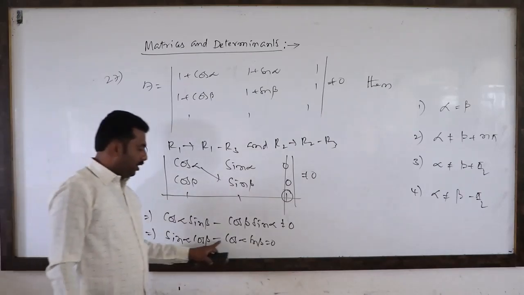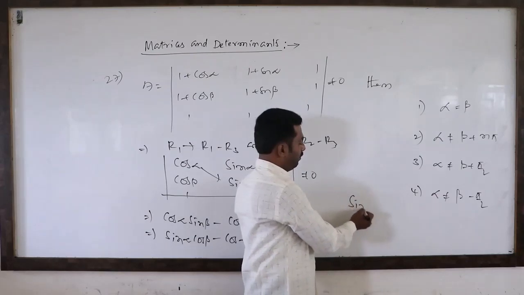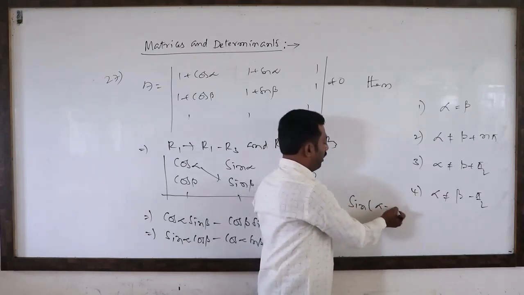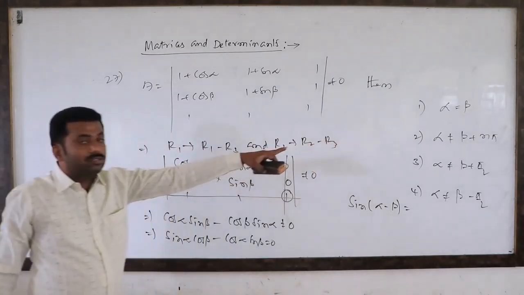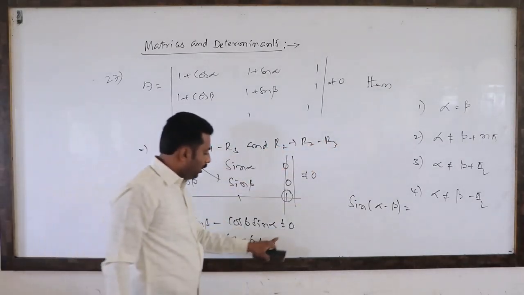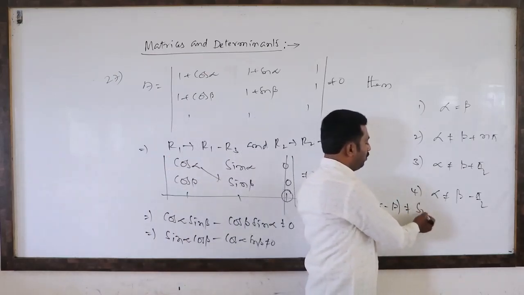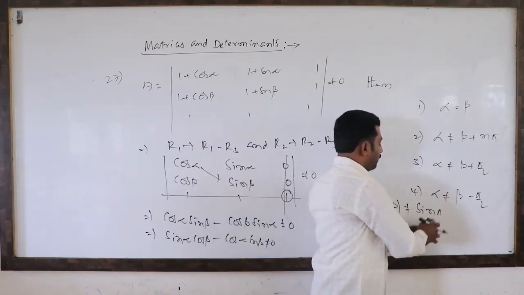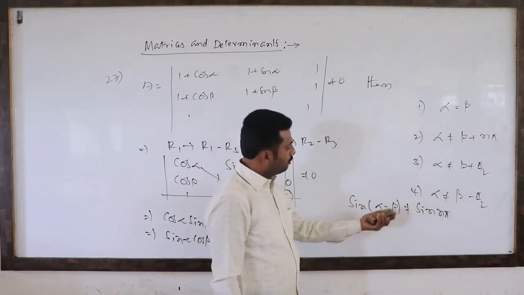Sin A cos B minus cos A sin B means sin of alpha minus beta. So, as you observe in the options, some general solutions are there. This is not equal to 0; instead of 0 we can write sin of n pi, any integral multiple of pi means 0.